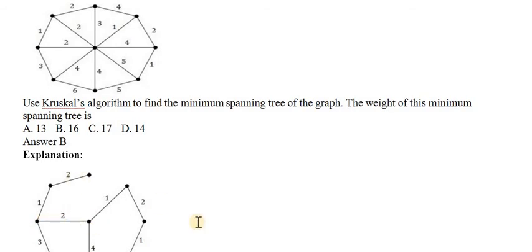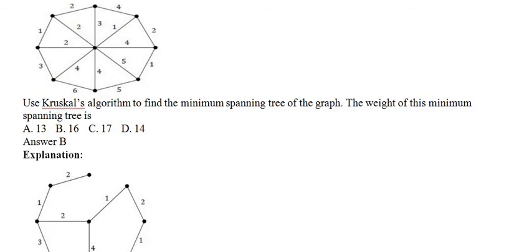Our aim is to visit all the nodes with the minimum cost. If you take this 2 now, it will be a closed path, so skip that. And in this 2 also I can connect because there is no closed path. After that, any more 2? No.